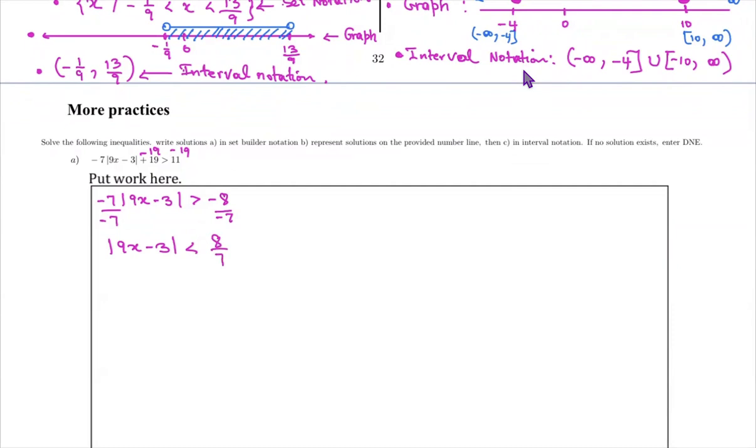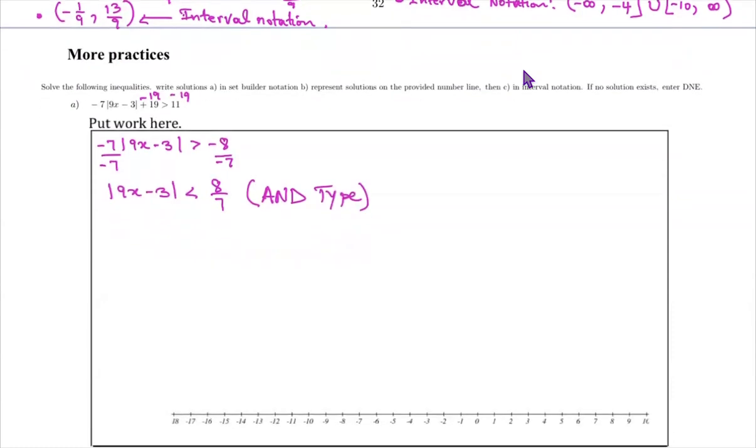It's an AND type. So we can set it up with negative 8/7 less than 9x minus 3 less than 8/7.